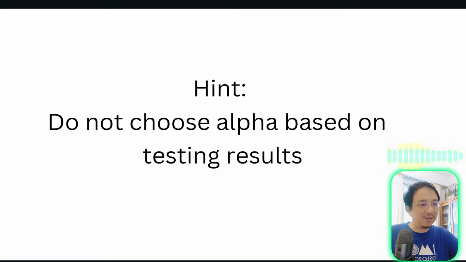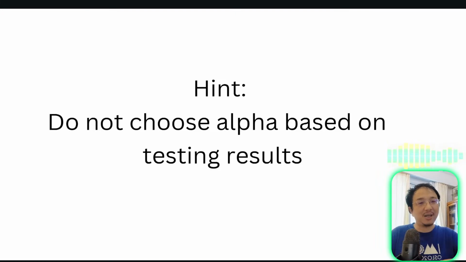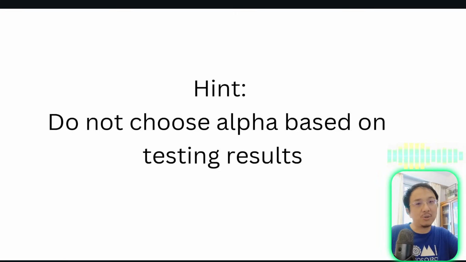You're kind of wasting the testing data because you optimize the alpha on the testing data. So that gives some risk of overfitting. Because we are practically optimizing alpha on the testing data, that is essentially fitting the alpha on the testing data. And the testing data is not supposed to be used for that. You should not do optimization against the testing data. So that is usually not a good idea.